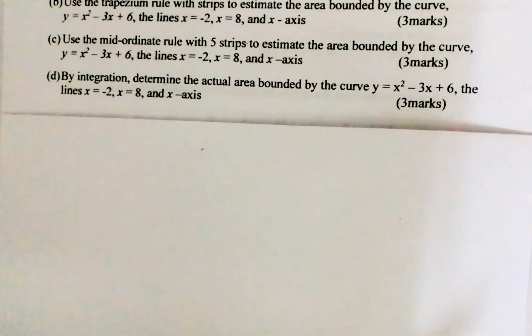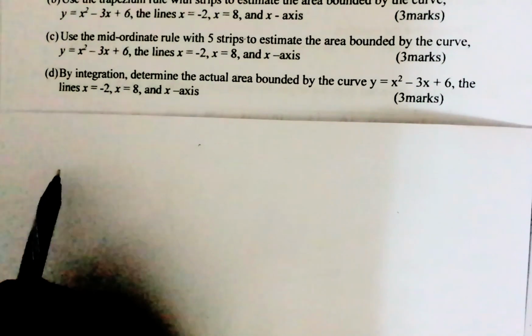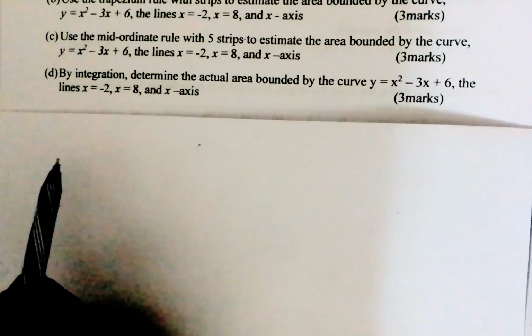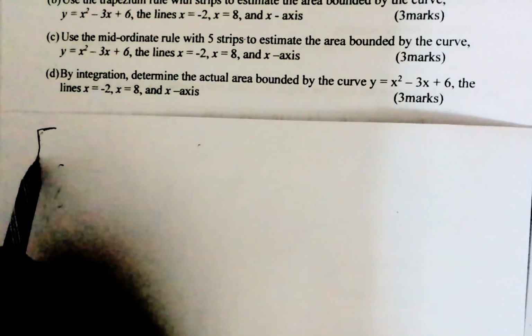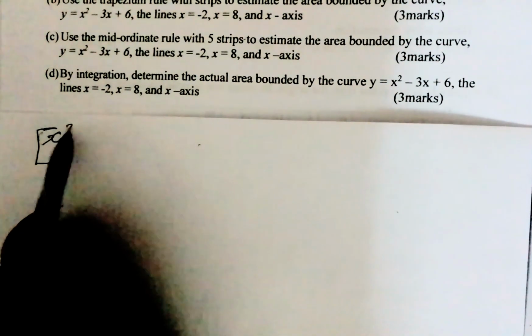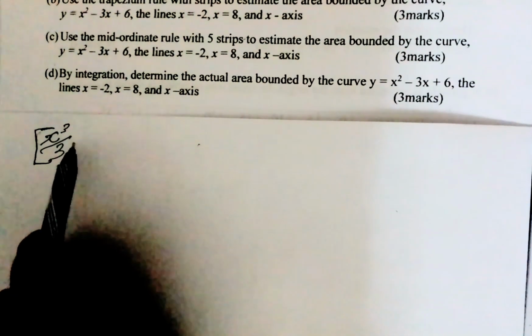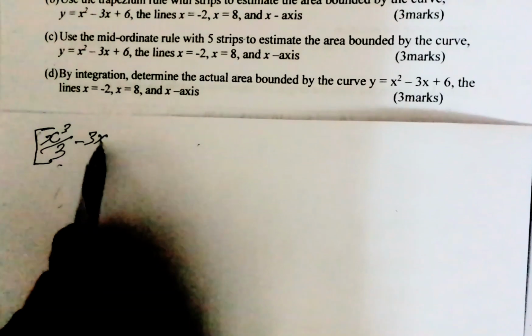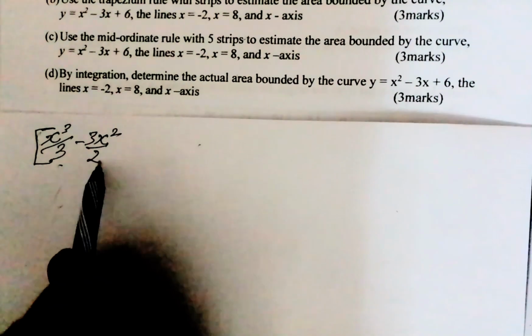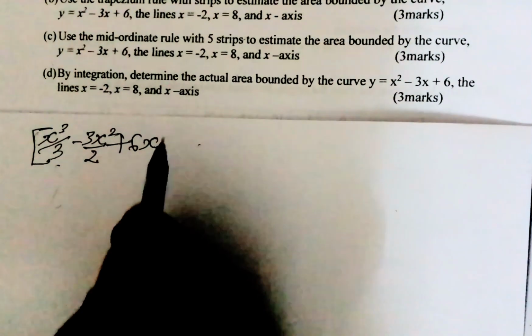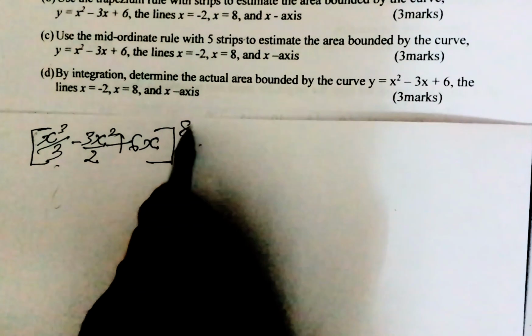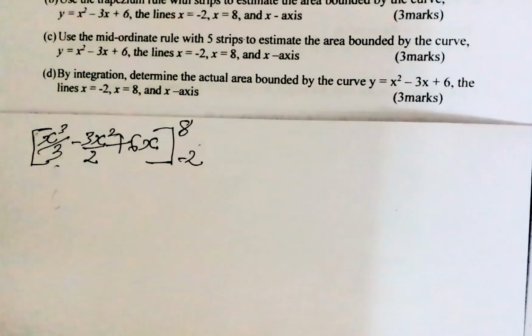So after getting our square brackets, we now evaluate x cubed over 3 minus 3x squared over 2 plus 6x, upper limit 8, lower limit negative 2.